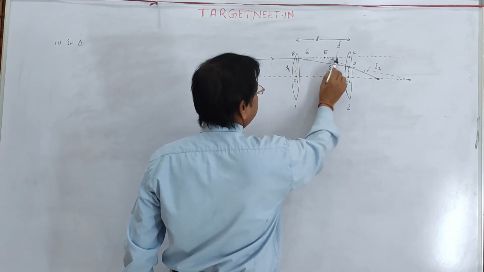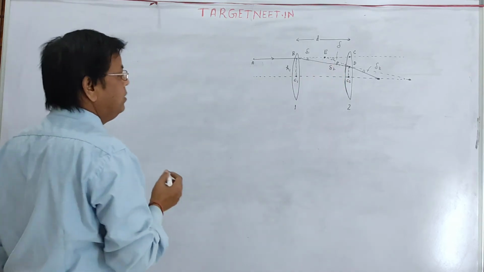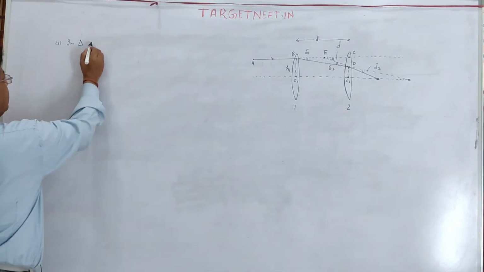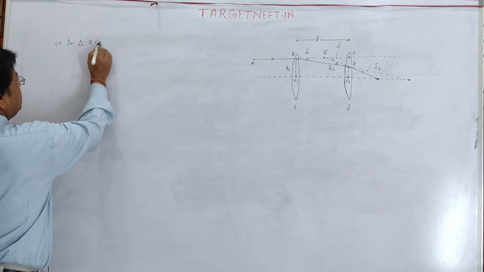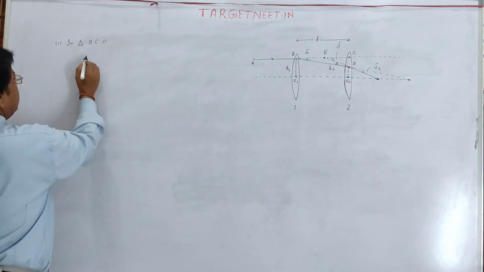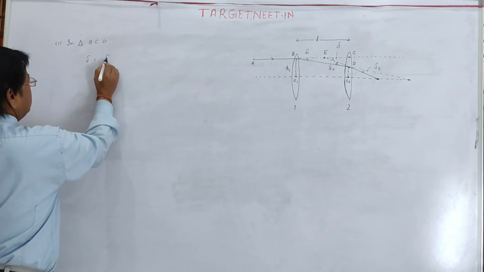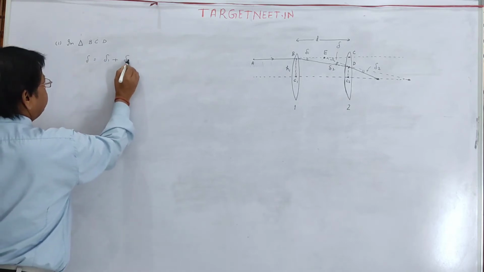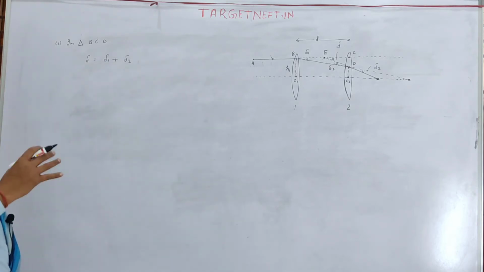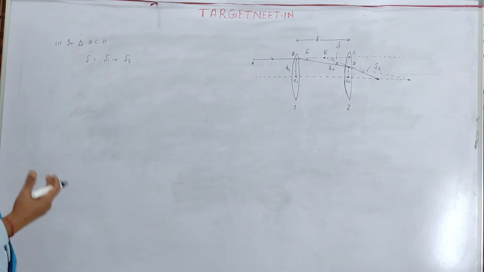So the sum of these two angles is equal to this angle, a triangle property. So we can write, in triangle BCD, delta is equal to delta 1 plus delta 2. The sum of the opposite interior angles of a triangle is equal to the external angle. So this is the first equation.